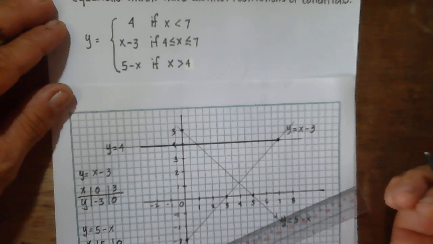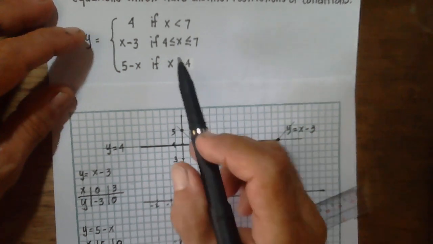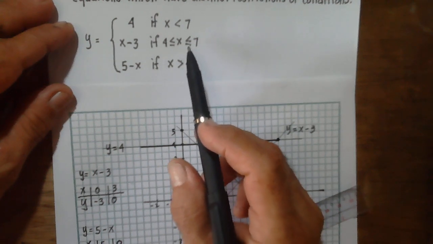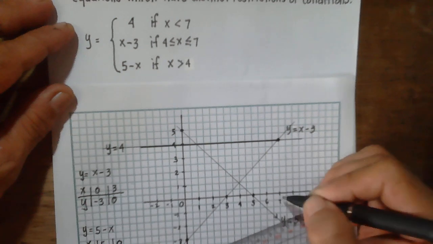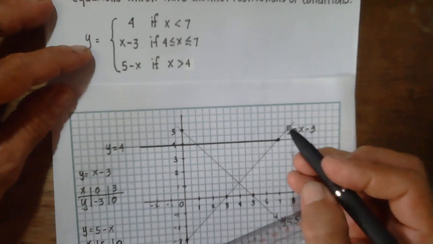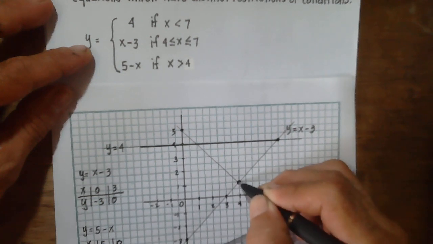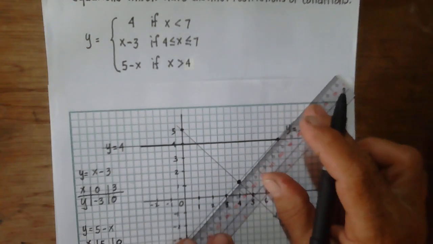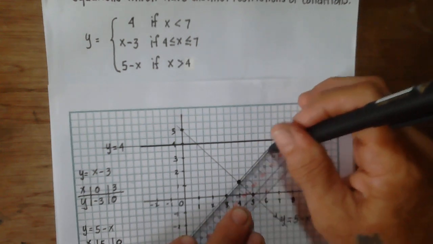Okay, for the second equation, we have x minus 3. And we have this condition or interval that x should be less than or equal to 7. And where is 7? Here. And x should be greater than or equal to 4. And where is 4? It is here. So we draw a thicker line for this.